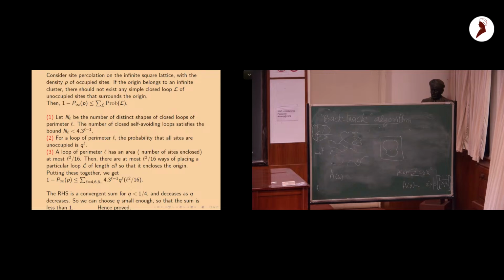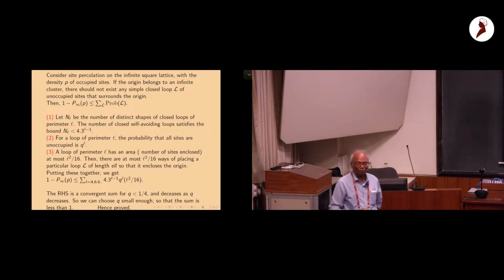What is the factor? I mean, we are overcounting. No, so in each of these steps there is overcounting. In the first one, this is 3 to the power L I wrote, but you can do better than this. You can get mu to the power L. In the second one, you cannot improve on this, but the third one, you can improve because, okay, this is the bound.